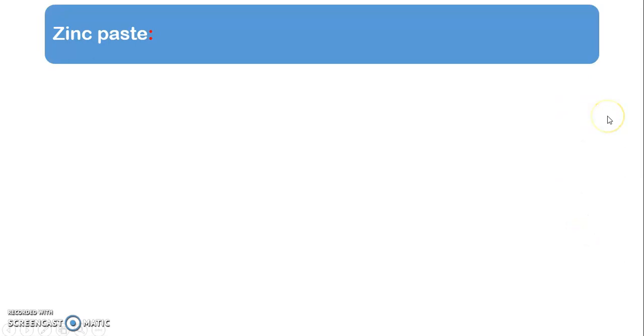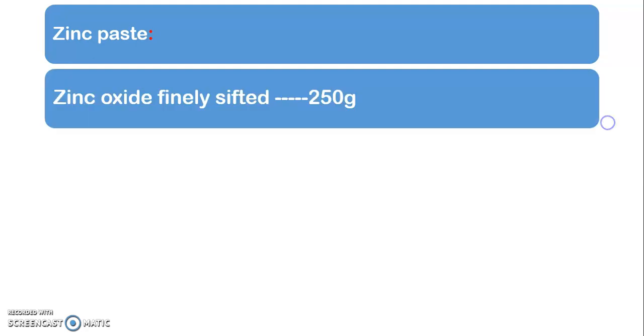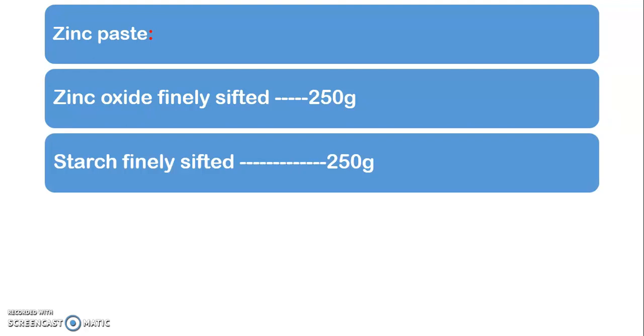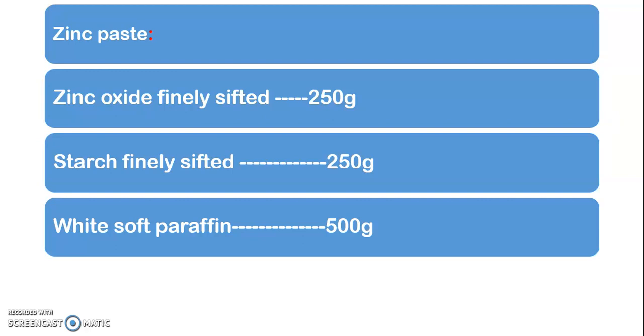Coming to the formulations, we can prepare different products, so zinc paste, zinc ointment, etc. For the preparation of zinc paste, we need zinc oxide finely sifted 50 grams, starch finely sifted 50 grams, white soft paraffin 500 grams.